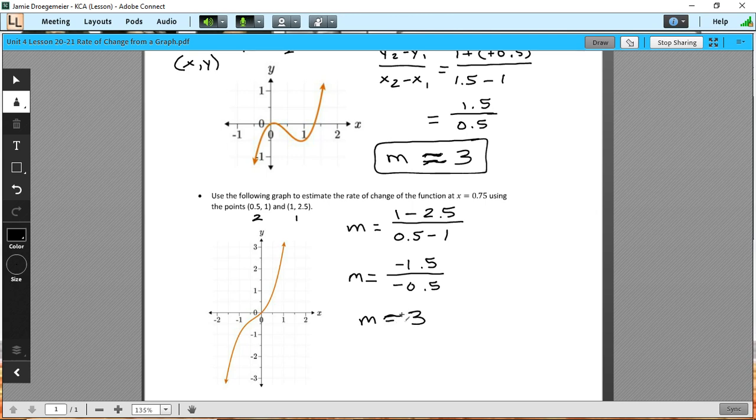So again, we would estimate for this one that our slope at x equals 0.75 is about 3 in this case. So that's how you can take 2 points that are on a graph and estimate the slope of the line or the curve that is between those 2 points.